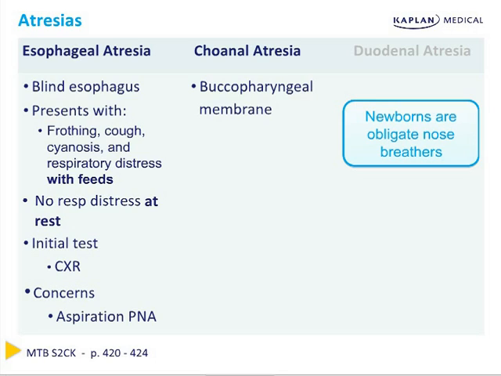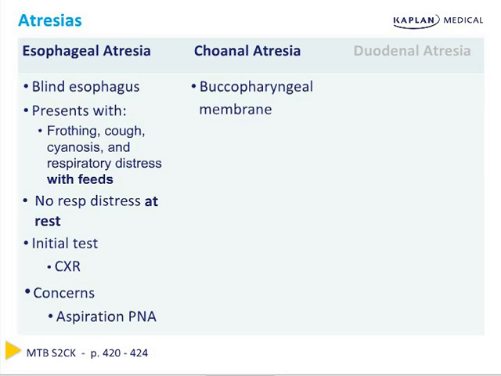But this obligate nose breathing becomes really a problem if there's a membrane separating the nose from the pharynx. So that is what makes choanal atresia distinctive from esophageal atresia: the presence of respiratory distress.